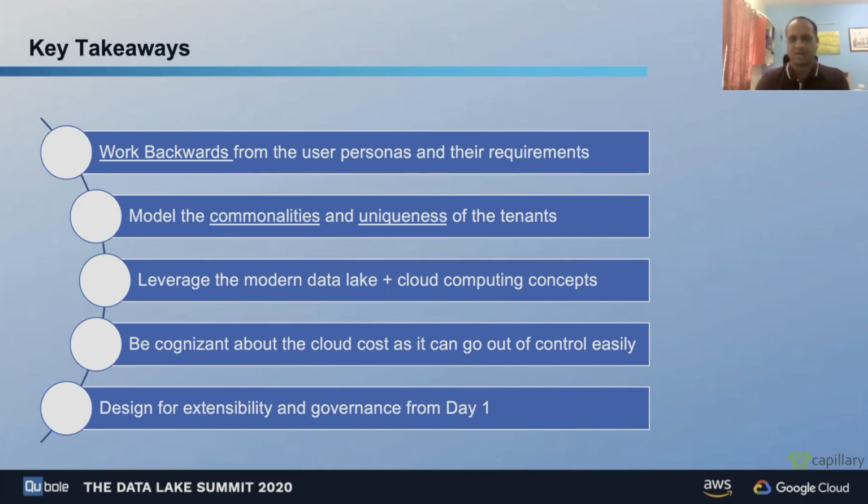Be cognizant of the cloud cost because it can go out of control easily. Data warehouses or data lakes could be a very significant part of cloud computing these days. And the primary thing for us to note here is that what we generally focus on is having compute only when it is really necessary.